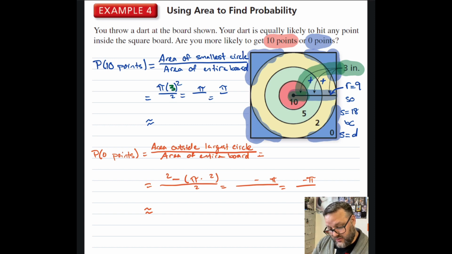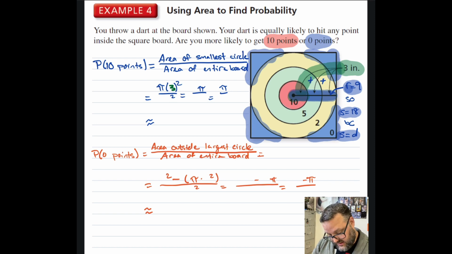Then we can use the entire length to understand that the length from center to edge is 9. So the radius of the big circle is 9. But that means that the side is 18, because the side is equal to our diameter, and our diameter is twice our radius.